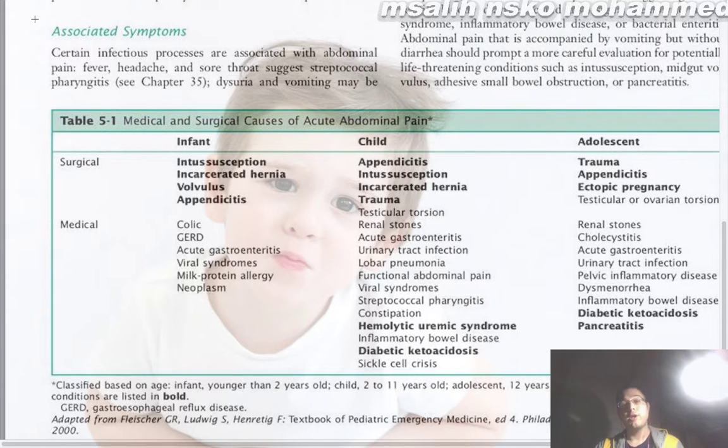And about the anatomical problems, which is the pathology of the anatomical organs, we have to do ultrasound, and we can do CT scan in the child and adolescent. So it will be so important for us to search for it very accurately.